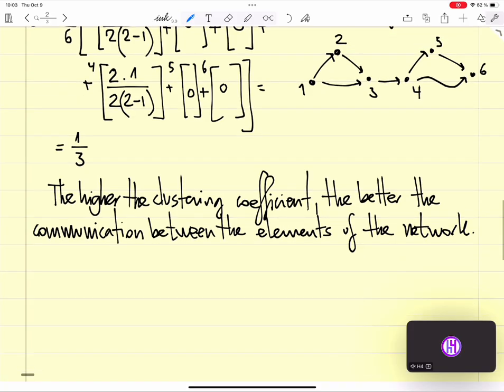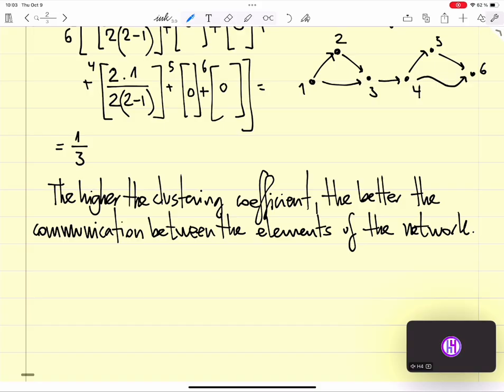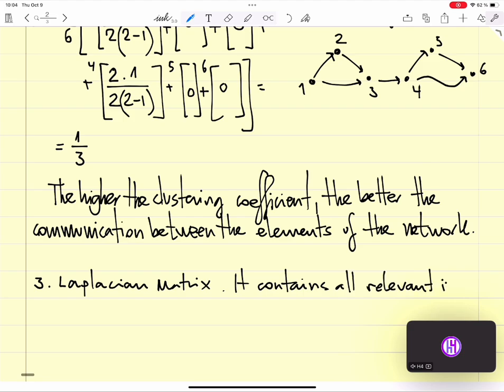So the third concept here is the Laplacian matrix. It contains all relevant information of the network.